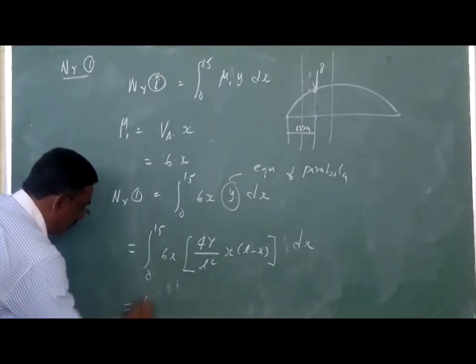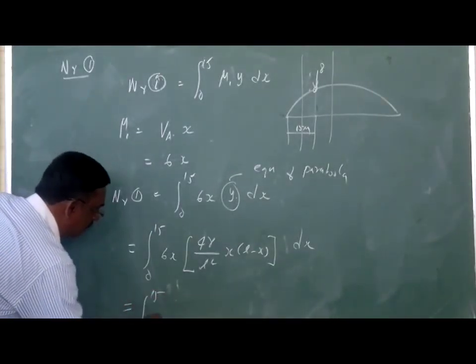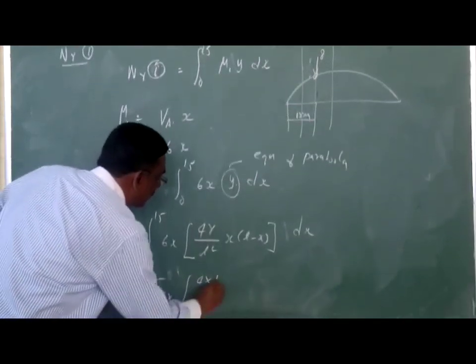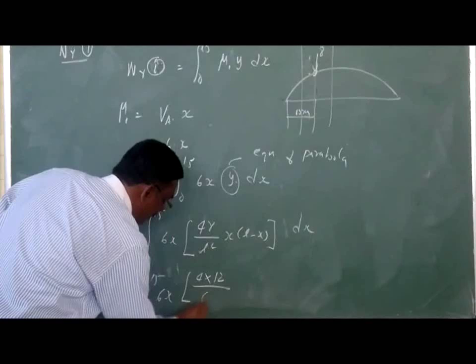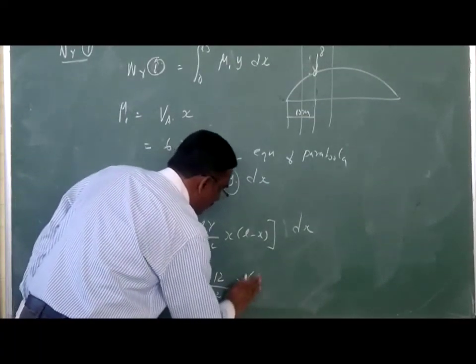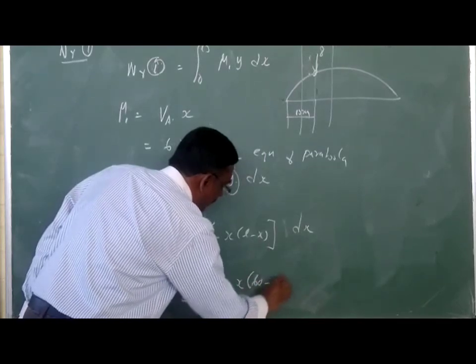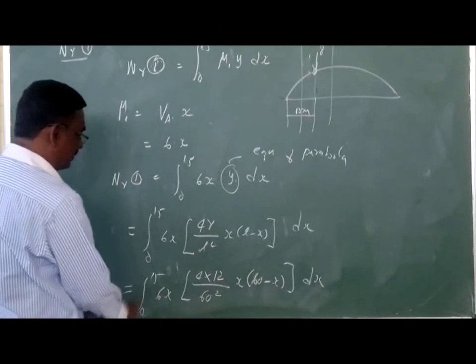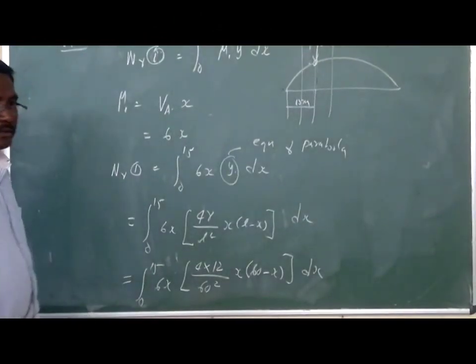Substituting the values of the parabola configuration, the rise of the arch is 12 meter and the span of the arch is 60. L is 60 and x we know. This has to be integrated between the limits 0 to 15.